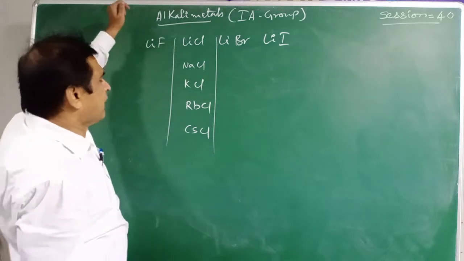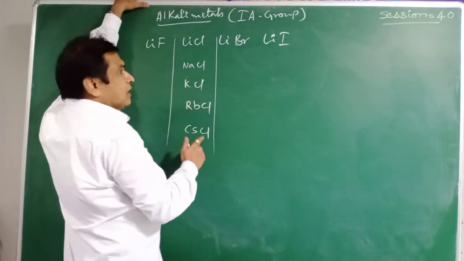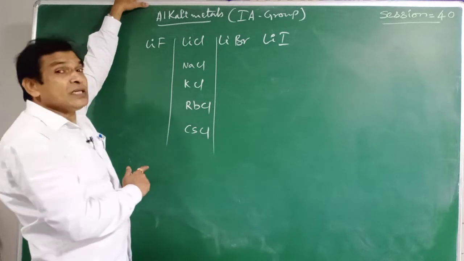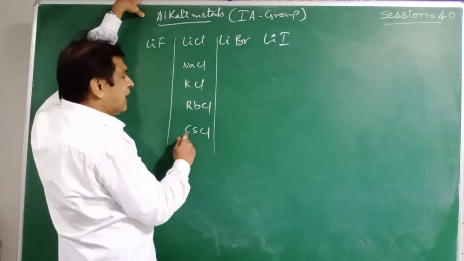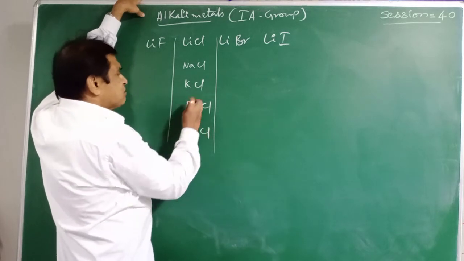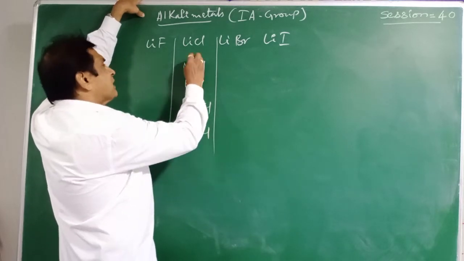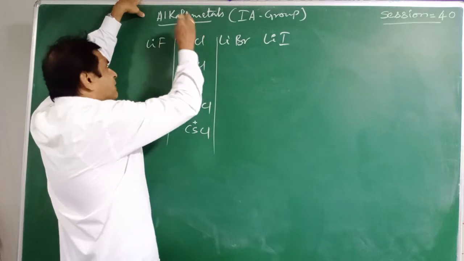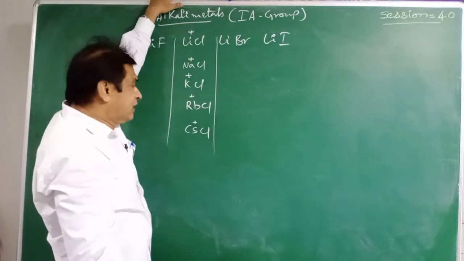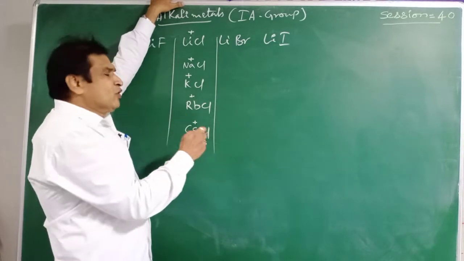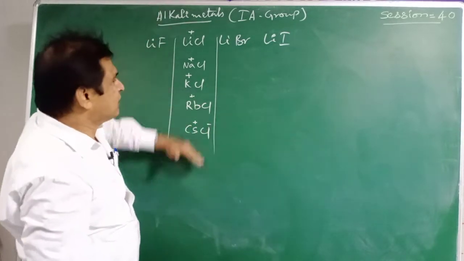The important point is that according to Fajan's rule, larger the size of the cation, more ionic. It is Cs plus, rubidium plus, potassium plus, sodium plus and lithium plus. Therefore, cesium chloride is more ionic in nature.